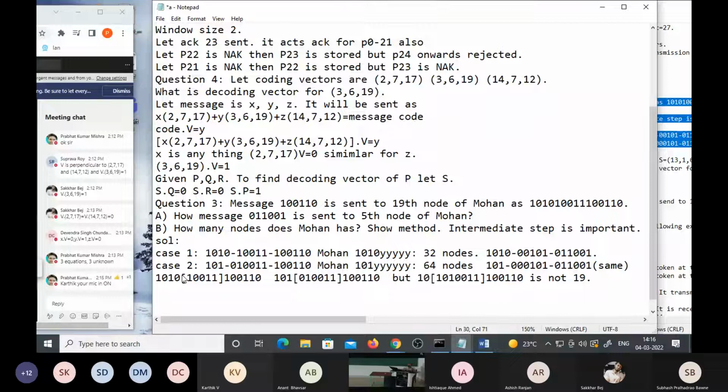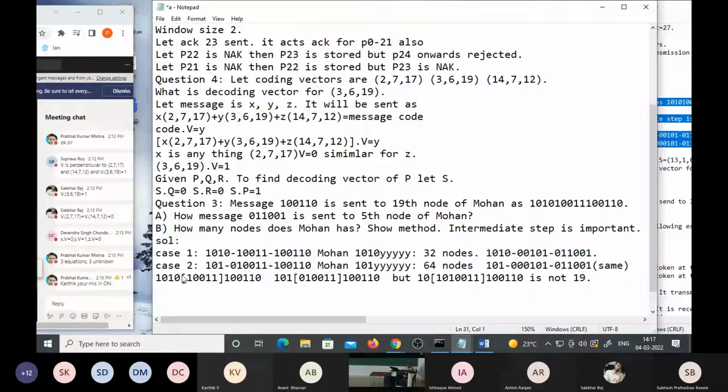Is it correct? But this is not a 19. Now, so there are two 19 possible.